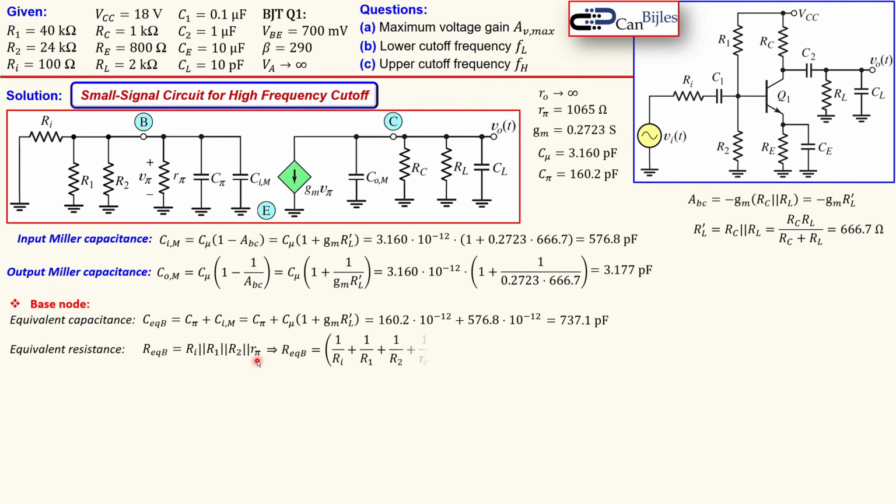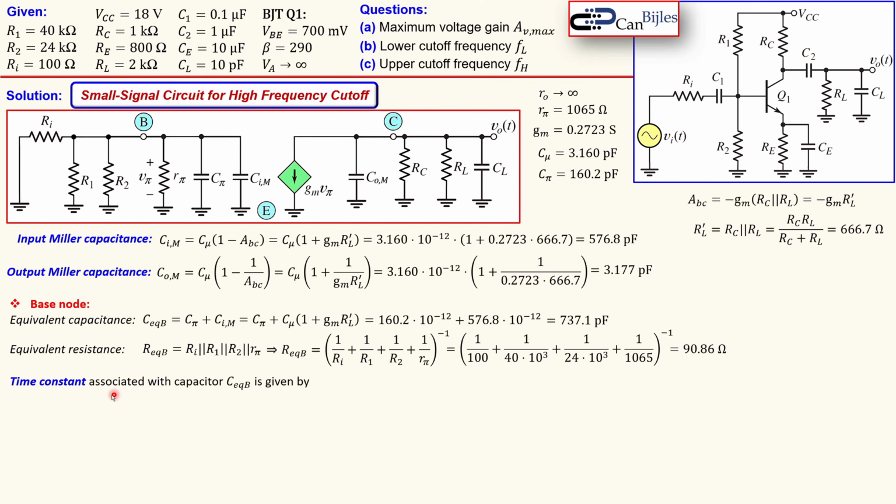That is also written like so: 1 over Ri plus 1 over R1 plus 1 over R2 plus 1 over R pi, all to the power minus 1. And if you do the calculation using the values given, and also the R pi here, then you get almost 91 ohms. You see, which is very close to this Ri. Why? Because this is the smallest of these four, so we get almost the Ri here.